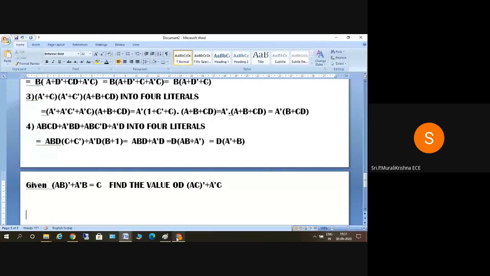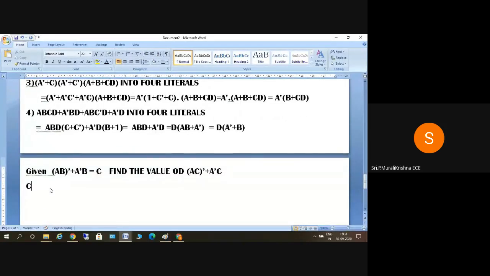Okay, so here given as C is equal to this expression. Okay, so AB whole bar is equal to A bar plus B bar. So you can write this as A bar plus B bar plus A bar B. Okay, so AB whole bar, A bar plus B bar plus A bar B. So if I take A bar as common here, I can get B plus 1 here.